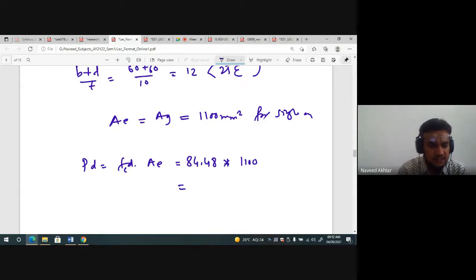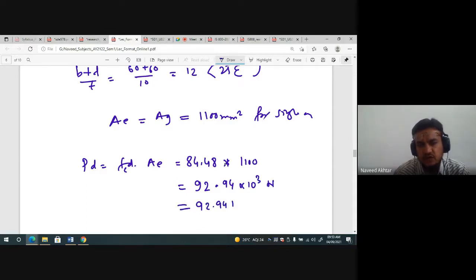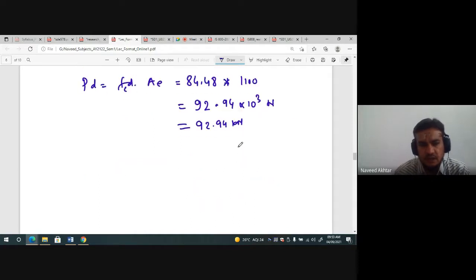Okay, for single angle, it is coming 92.94 into 10 raised to 3 Newton, or you can say that 92.94 kilonewton single angle. But double angle के लिए 2 times this, angle back to back into 2 अगर हम करेंगे तो it is coming 185.87 kilonewton, which is less than 250 kilonewton.